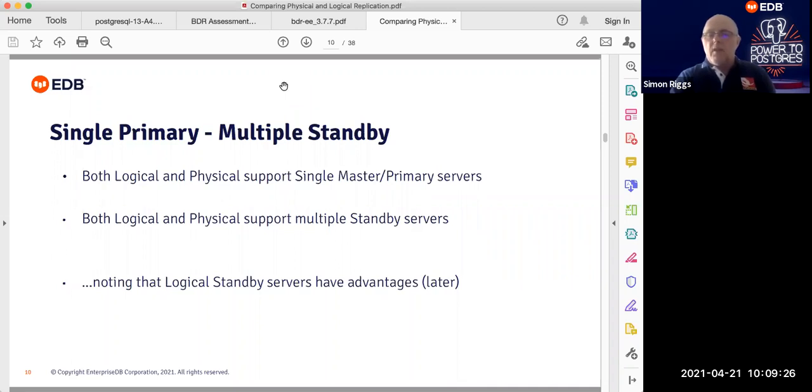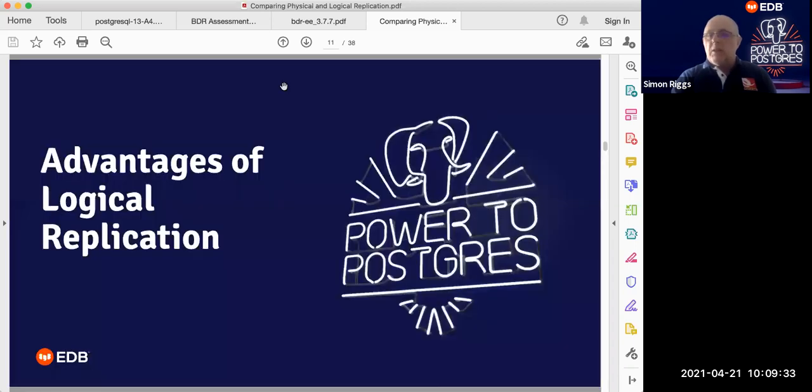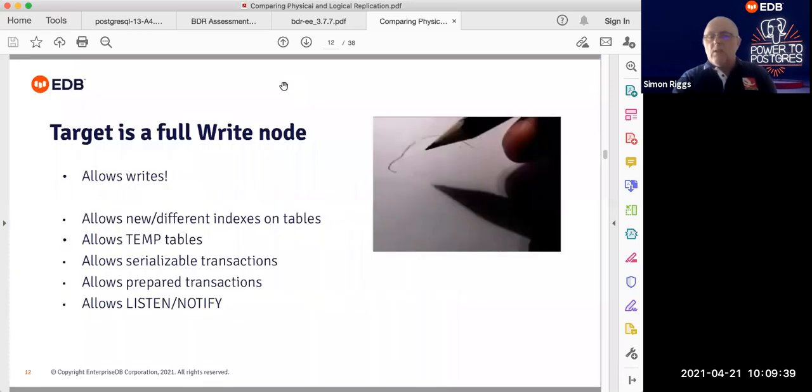Now, there are some advantages that you get with logical standby servers, and we're going to mention those immediately by talking about what the advantages are of logical replication. So when you use logical replication, the target node is a full write node. And that means that we could write any type of data at all on those nodes.